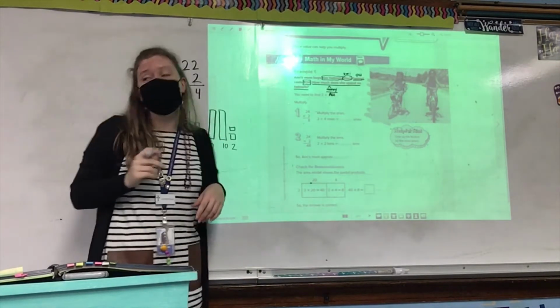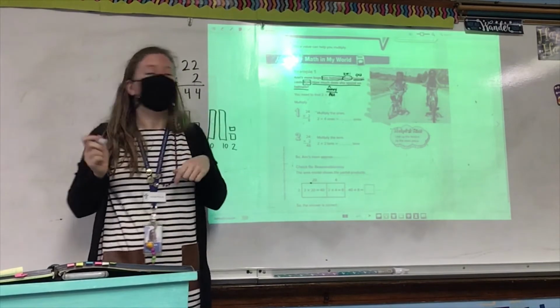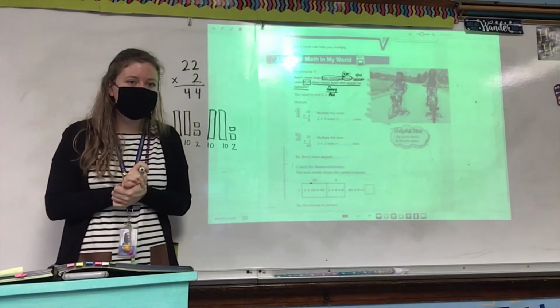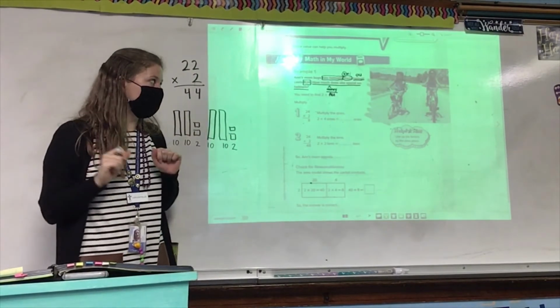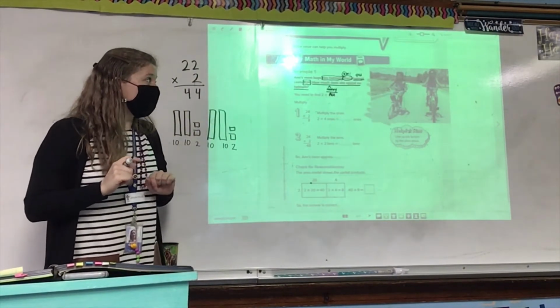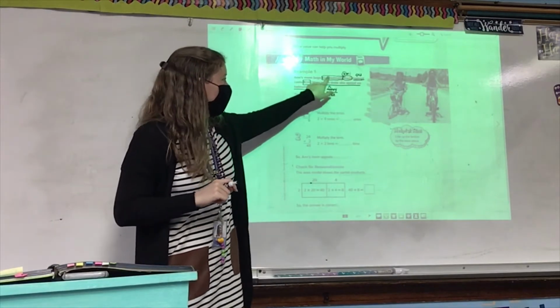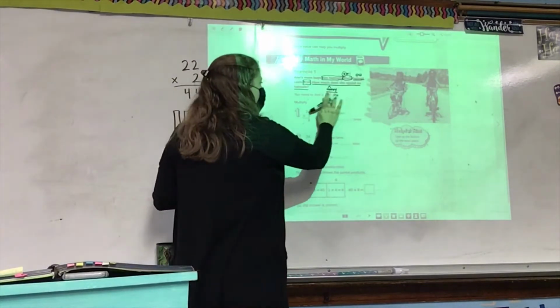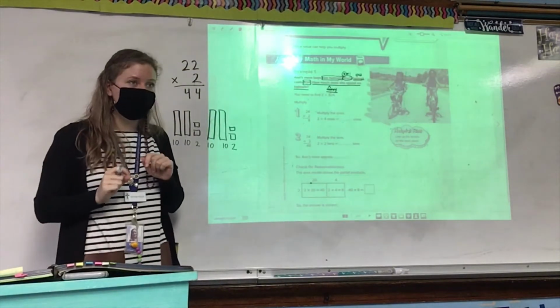It's going to be bigger, which means we're doing what operation? Multiplication, because multiplication gives us a bigger answer. Division gives us a smaller answer. So now we know our operation, we know our 2 units, so that means our problem is 2 times $24.